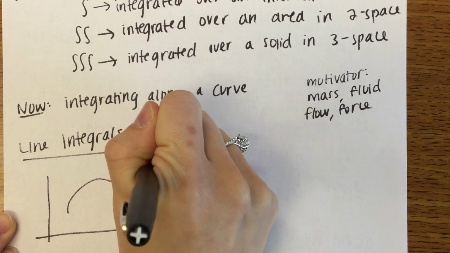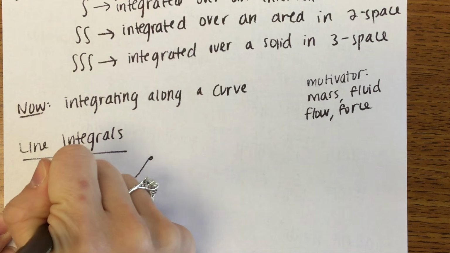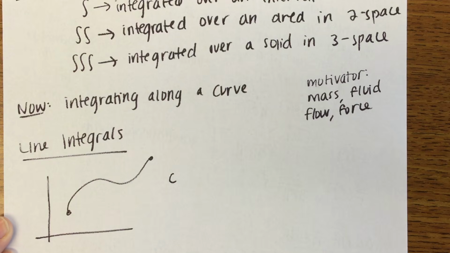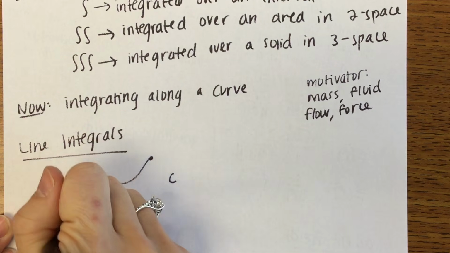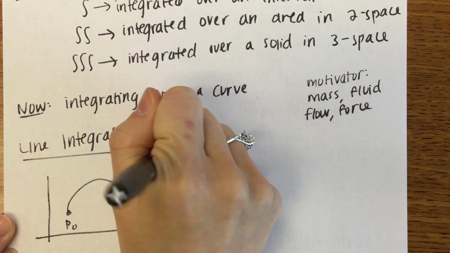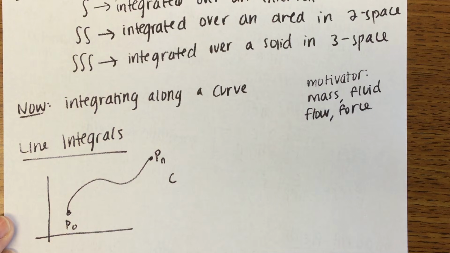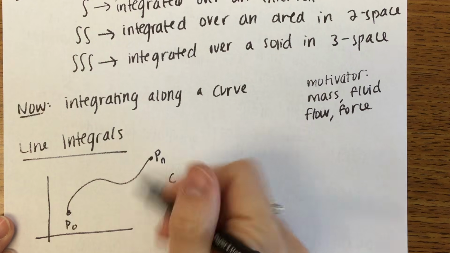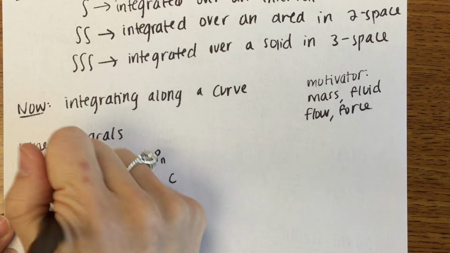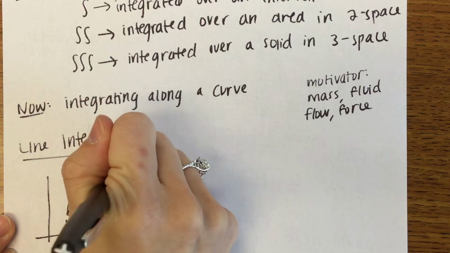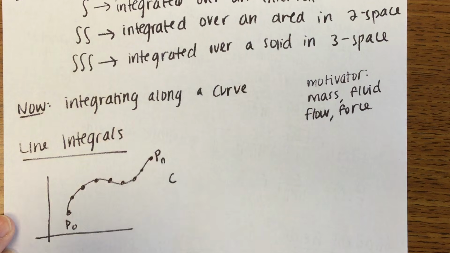You are going to have some curve. We're going to call this curve C. You're going to have some point P naught, and then the end point we call P of n. And what you do is you split this curve along equal intervals. So we're going to be taking points all along your curve.